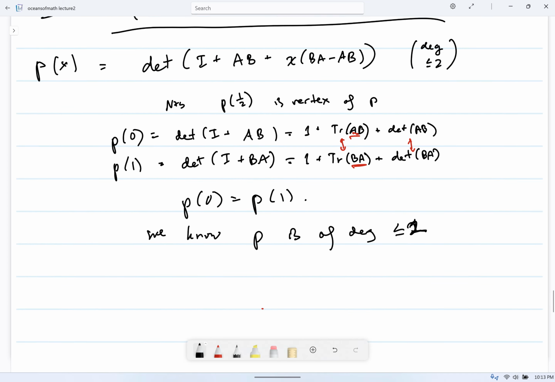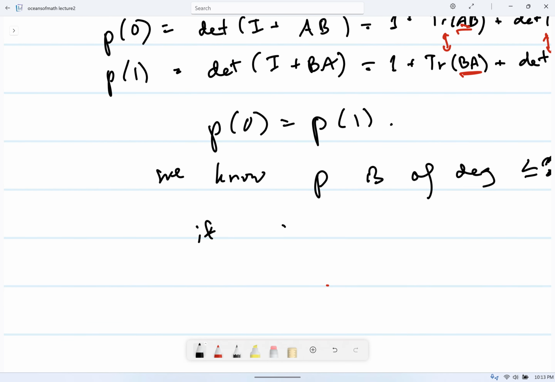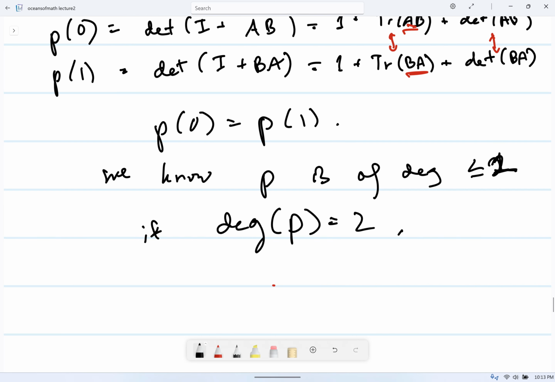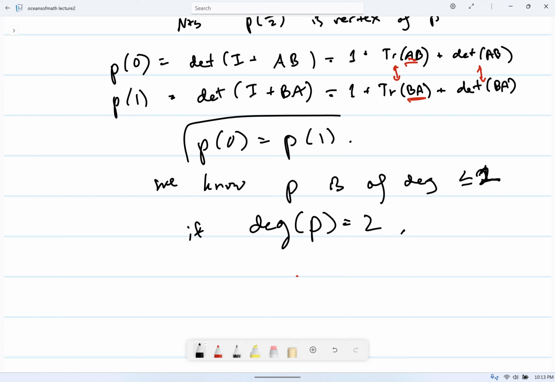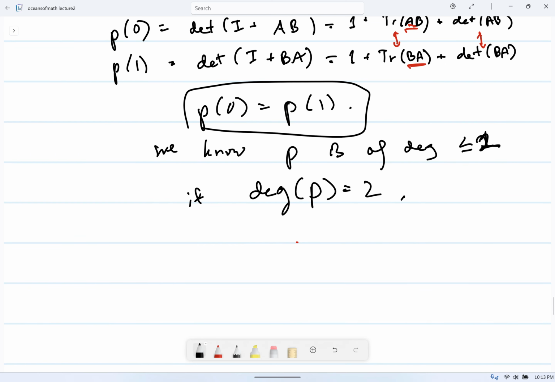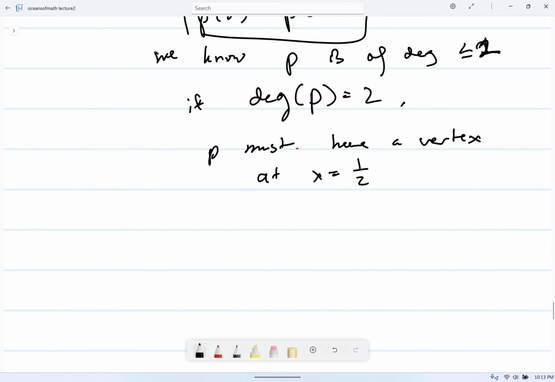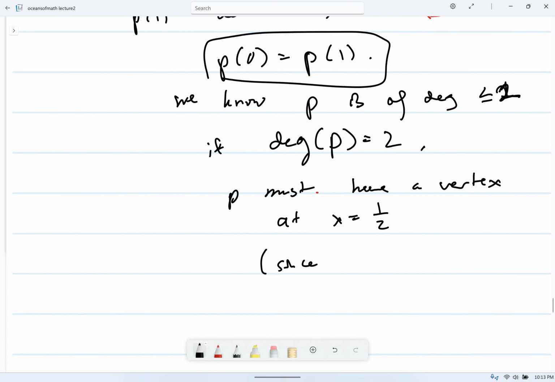If it's a quadratic, we've shown that since there's symmetry about 1/2, P must have a vertex at 1/2, since P of 0 equals P of 1.